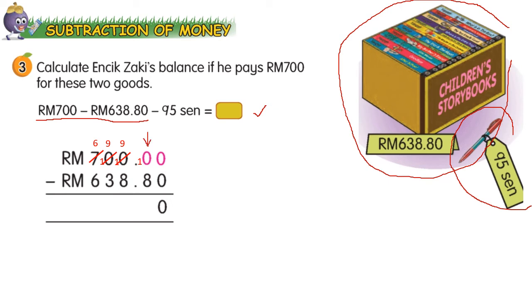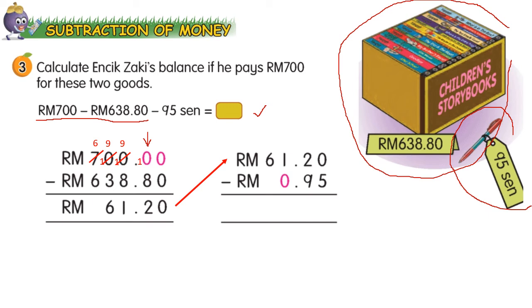So this 0 will become 10. So 10 minus 8 is 2. Don't forget to align the decimal. Okay, 9 minus 8 is 1. 9 minus 3, 6. 6 minus 6 is 0. Don't forget to write your RM. Bring this figure, 61 ringgit 20 cent, down to minus 95 cents.